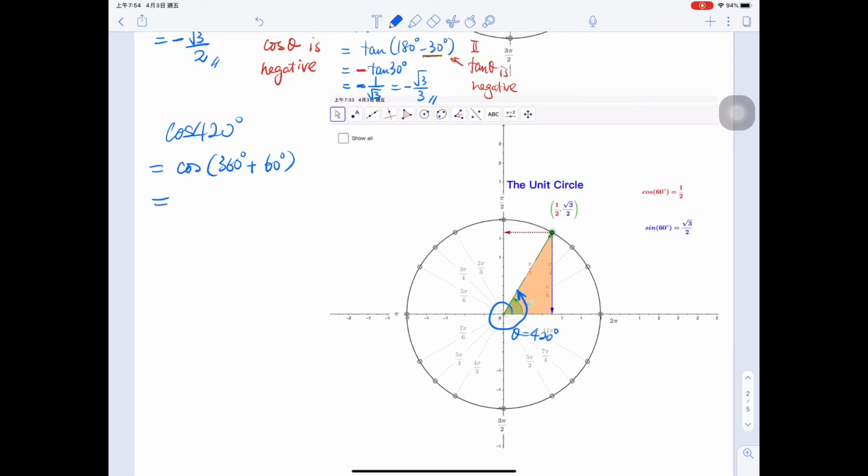So actually this one is the same as cosine 60 degrees because we use the same triangle here, the orange one, and because it lies in quadrant 1, it is the same as cosine 60 degrees. At the same time, 420 degrees, you can write it like this. Here the reference angle is 60 degrees.